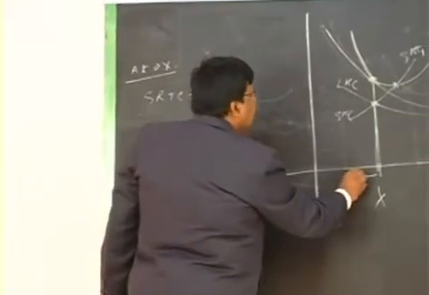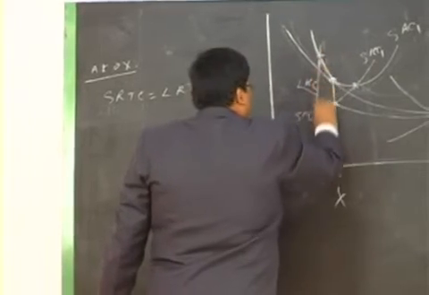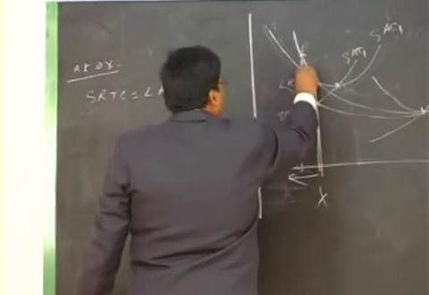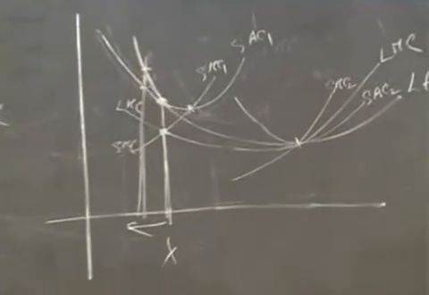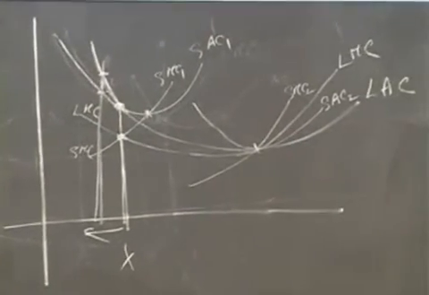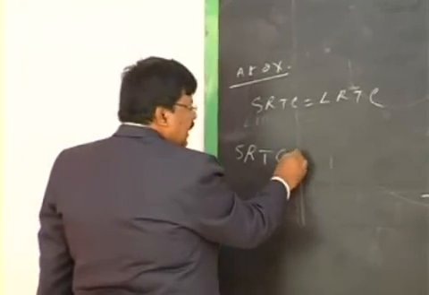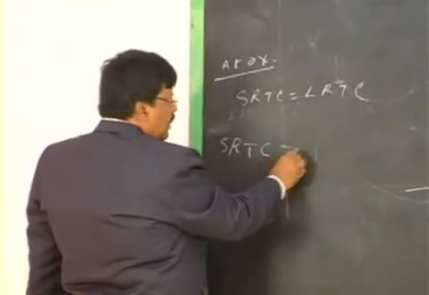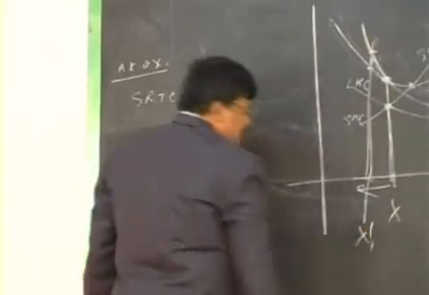And below this, for example, say this level of output, you will see that SAC is more than LAC. That means short-run total cost is greater than long-run total cost for output OX1 dash.